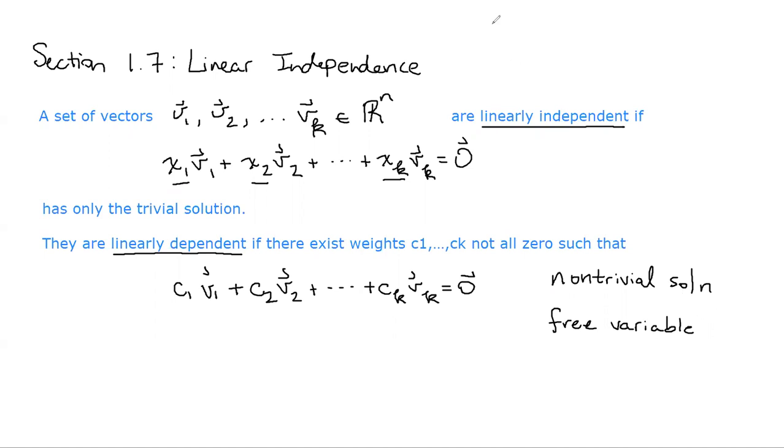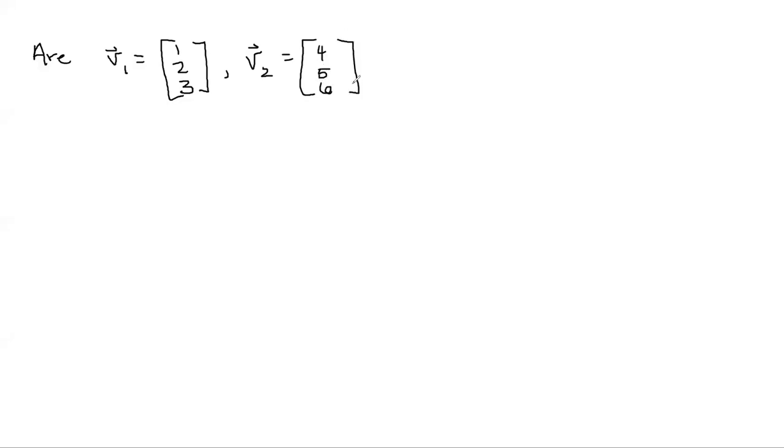Let's take a look at what that might look like. Let's say we have three vectors: v1, which is the vector 1, 2, 3; v2, the vector 4, 5, 6; and v3, the vector 2, 1, 0.